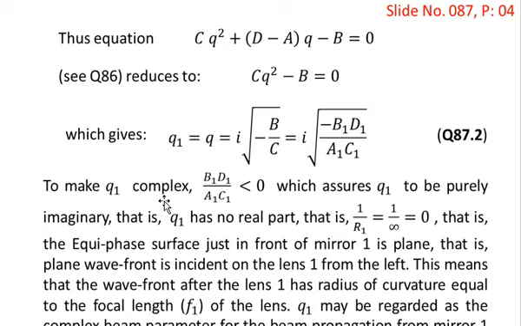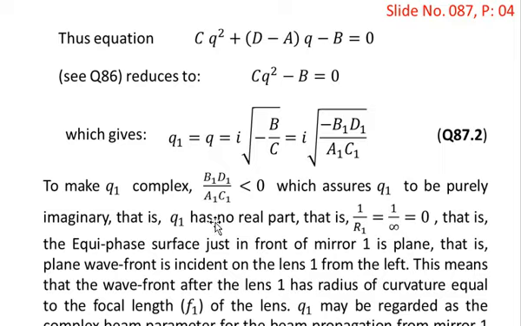So B1 D1 over A1 C1 should be less than 0, which assures Q1 to be purely imaginary. That is, Q1 has no real part, that is 1 over R1 is equal to 1 over infinity is equal to 0.